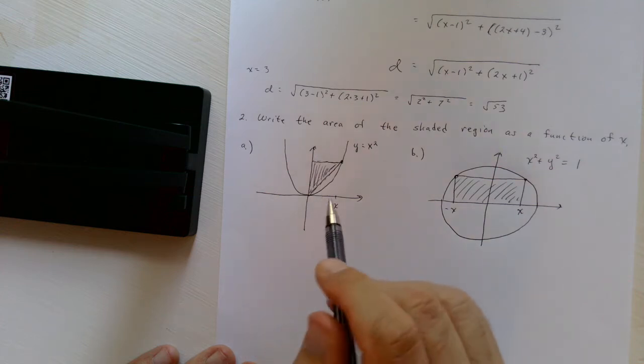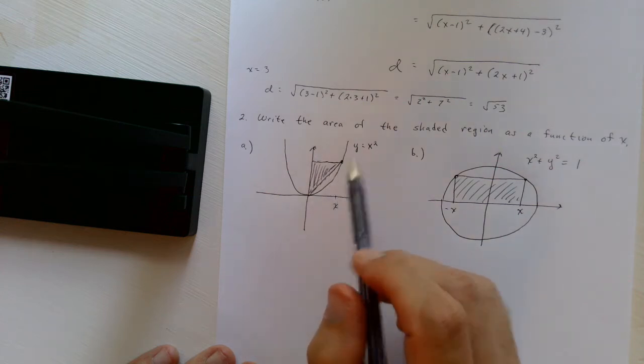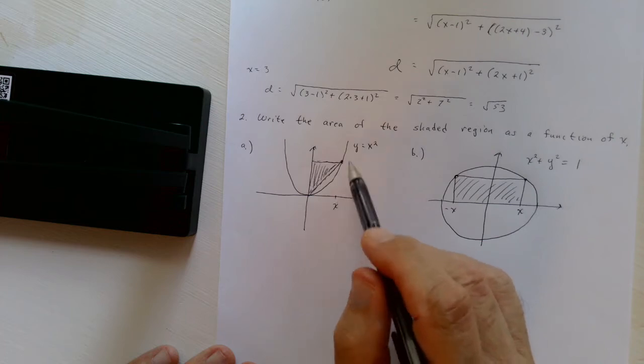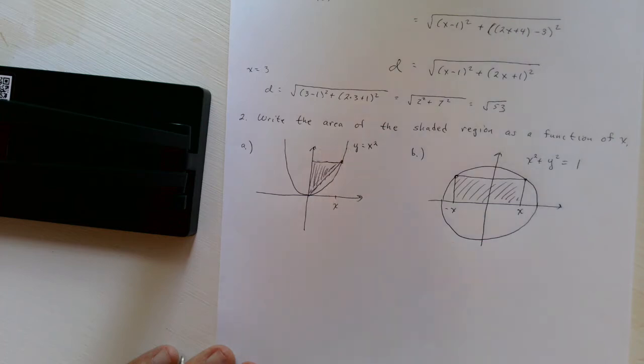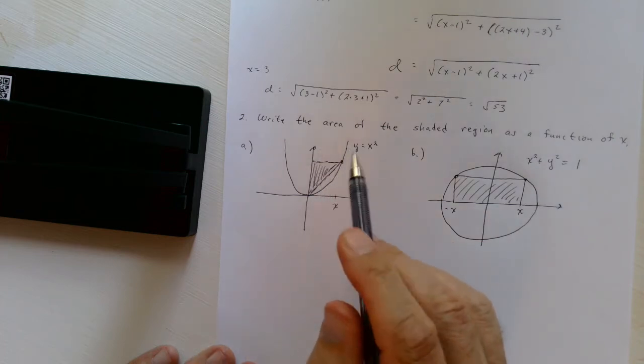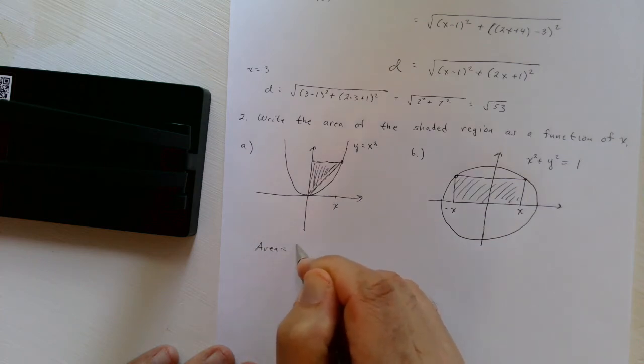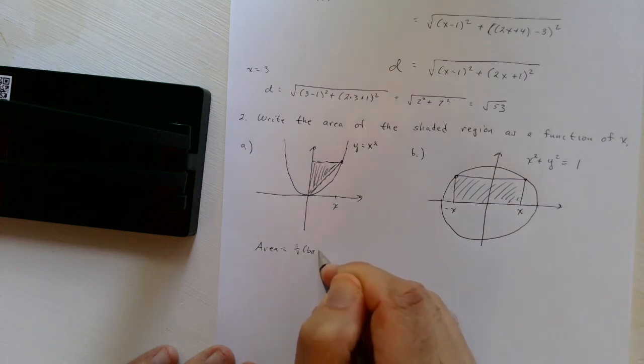Notice that the area is indeed a function of x, because we're going to get a different area for every value of x: we get a different x, we get a new point, and we get a new triangle. Remember, the area of the triangle is 1/2 base times the height.